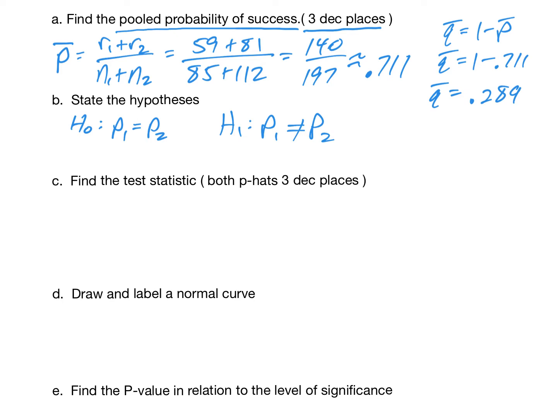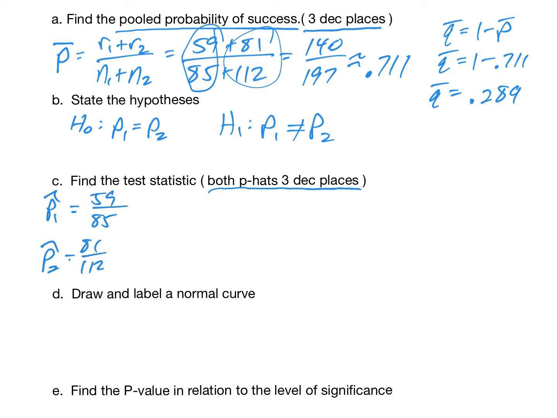Now notice in the third question, I asked you to find the test statistic, and I actually gave you a hint. I wrote both P hats to 3 decimal places. In order for us to find our test statistic Z, you have to find two things first: individual P1 hat and individual P2 hat. P1 hat is 59 over 85, and P2 hat is 81 over 112.